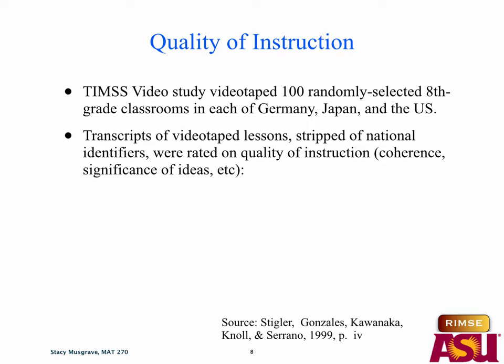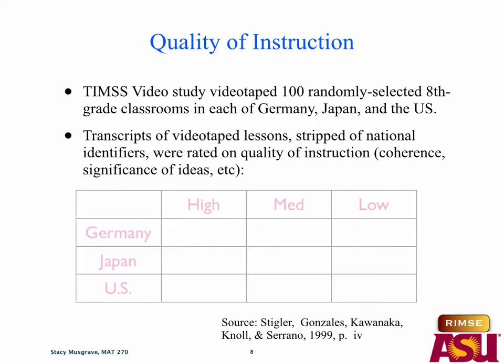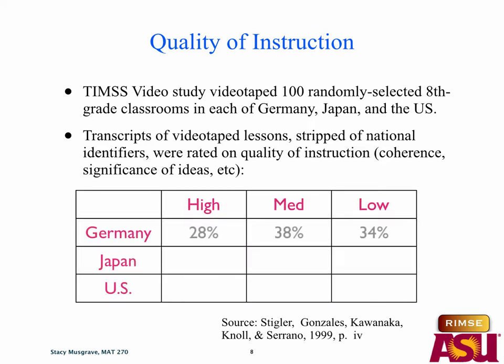Okay, so what happened? They took away all cultural identifiers from these videos and then rated the videos on quality of instruction. So you've got high instruction, medium, and low instruction.